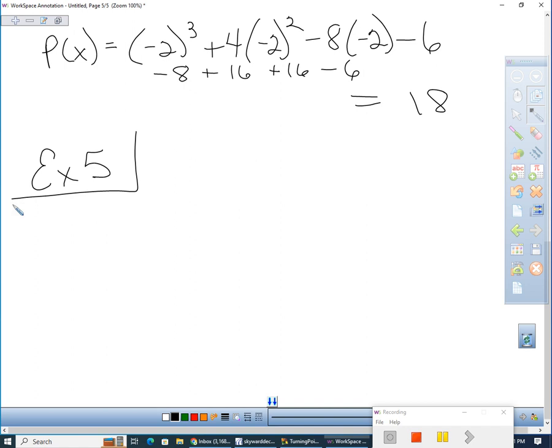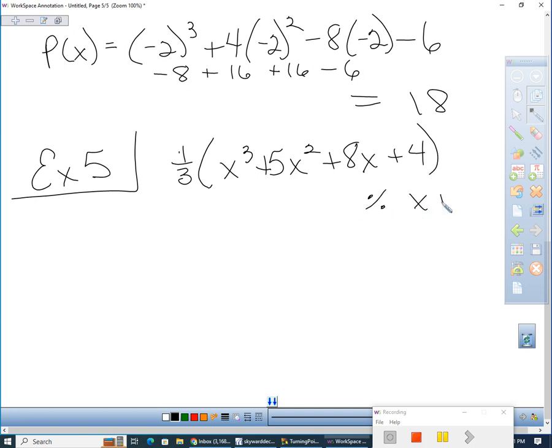Let's see. If you have the expression, let's say I have 1/3 times x to the third plus 5x squared plus 8x plus 4, and I'm going to divide it by x plus 1.